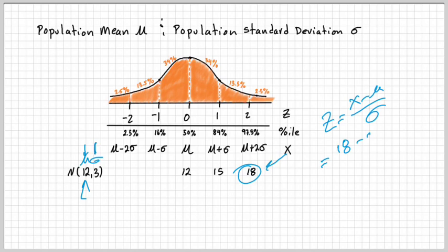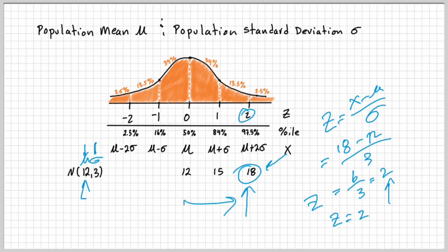Mu is 12, divided by sigma, which is 3. 18 take away 12 is what? 12, 13, 14, 15, 16, 17, 18. 6 over 3 gives you 2. That 2 is this 2. Z is equal to 2. That means that 18 is 2 standard deviations away from the mean.